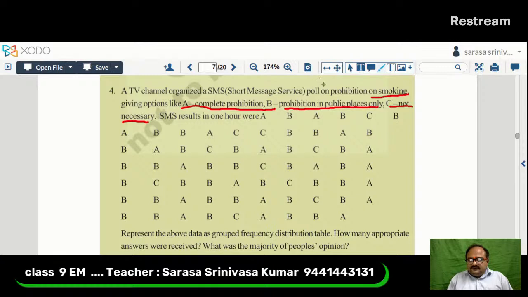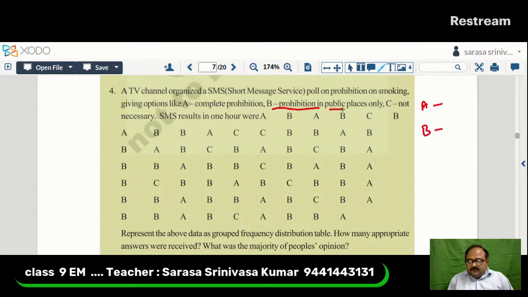The first option A is complete prohibition, and next, option B is prohibition in public places only.